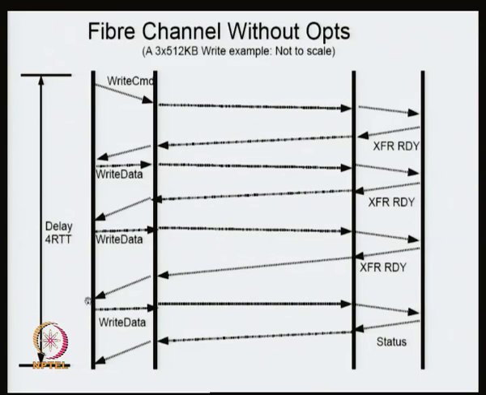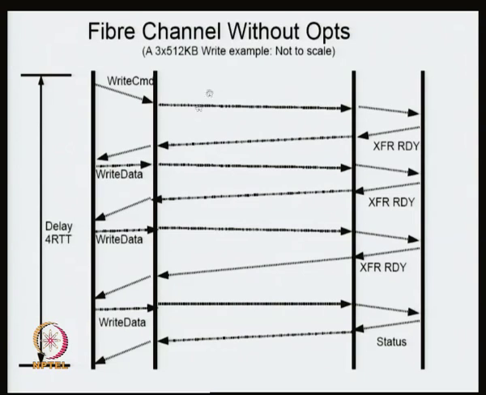It is going to be very slow. This is because Fibre Channel has this notion of credit-based flow control. You actually have to get the credits before you can send anything. In the beginning you can send something, but once you have sent it, the credits have to be replenished, by getting back the ACKs, before you can send more.